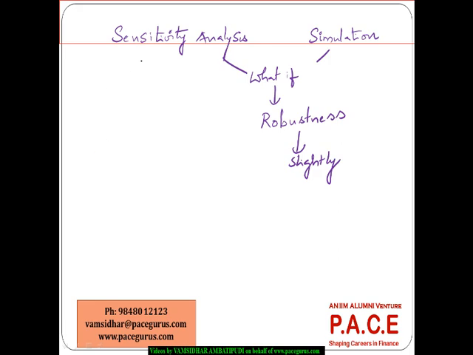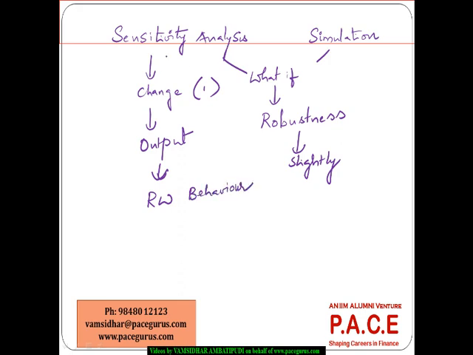So what is generally done is a small change is made to one or two input values, generally it is one. And what we are typically observing is what is the change in the output, and is that change more or less a real world kind of behavior or not. And in some cases, instead of just giving one or two values as a part of the change, we are doing a big set of values.